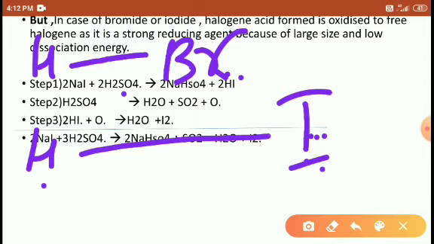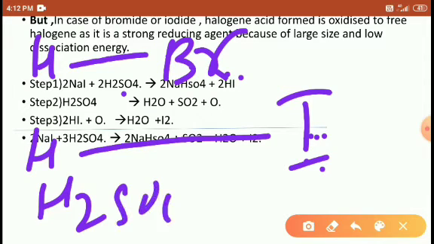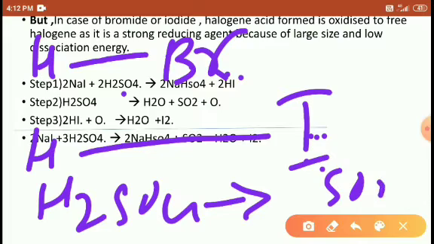H2SO4 turns into SO2. Understood, friends? The H2SO4 turns into SO2 because HBr and HI are large-sized. Due to the large size, they have a low dissociation enthalpy.